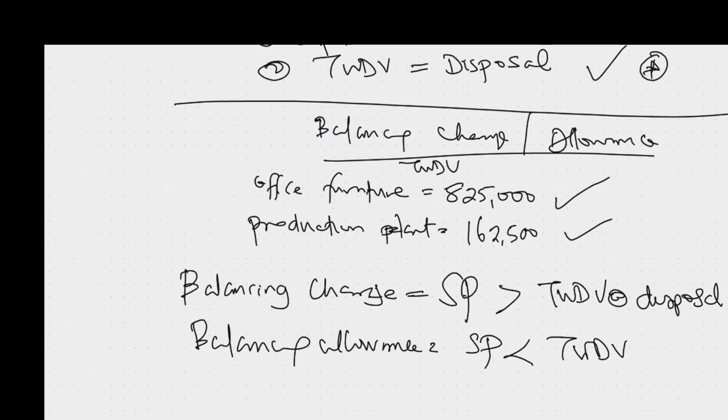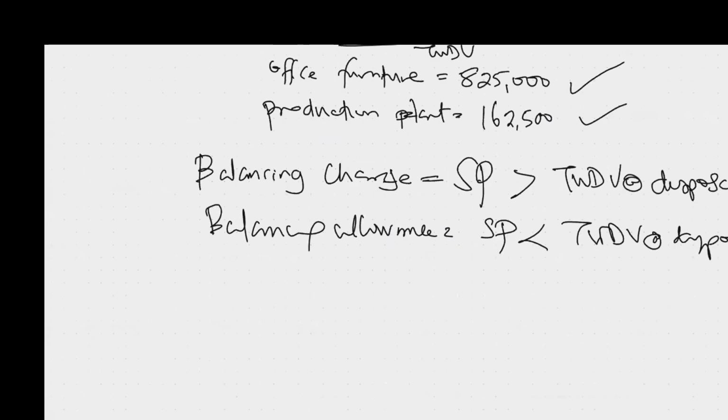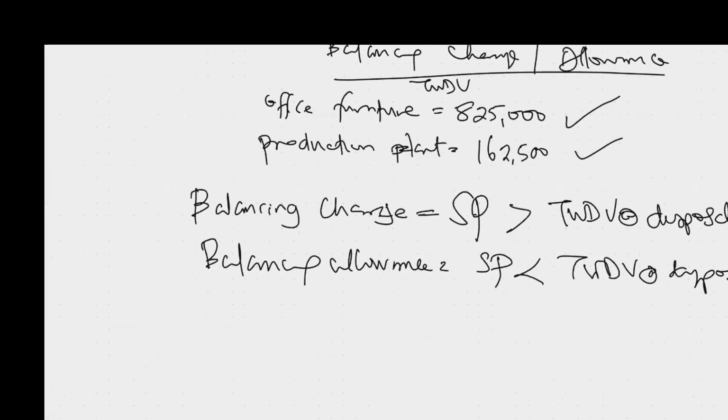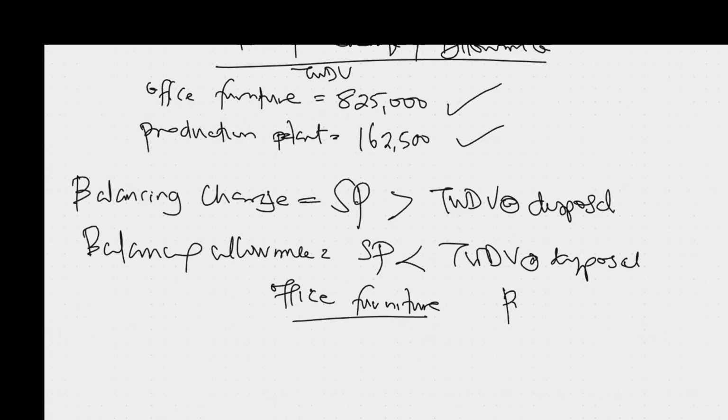If that is the case, what is my sales proceed for the first one, office furniture, and production plants?